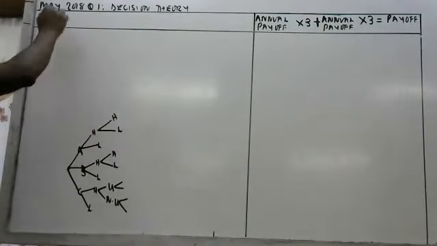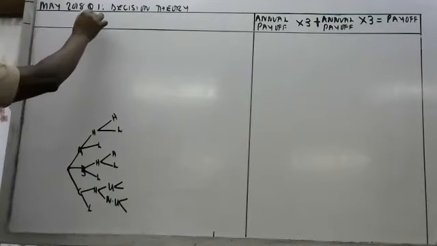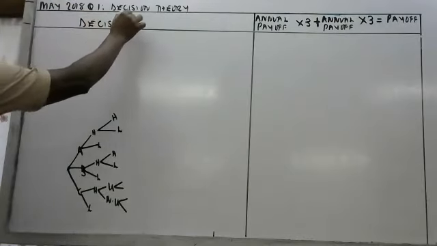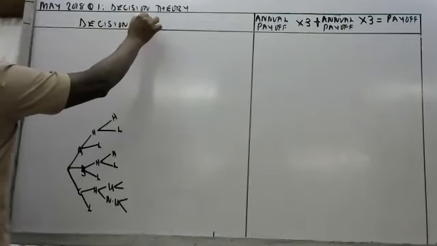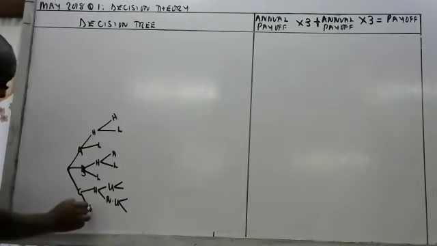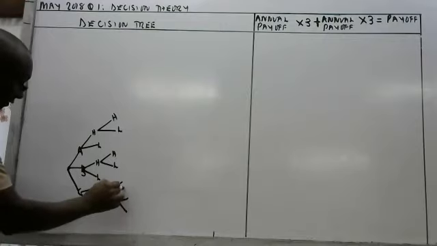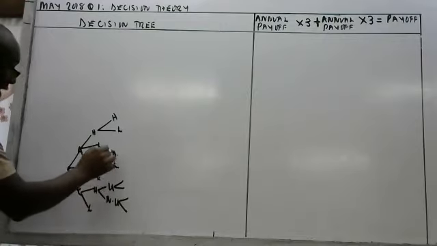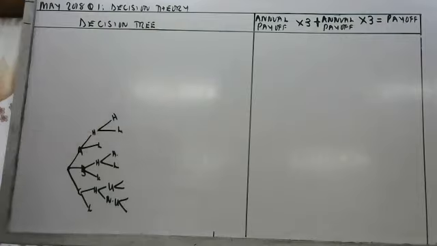Then here, we will now design a very smart decision tree. And from what we have sketched here, we are going to have how many tables? 1, 2, 3, 4, 5, 6, 7, 8, 9, 10, 11.